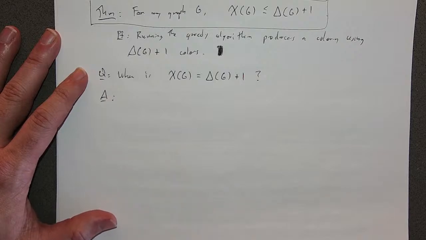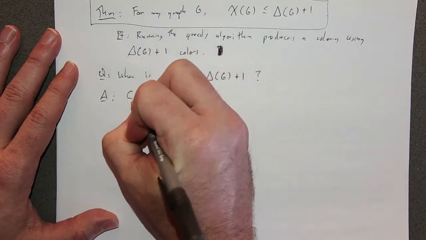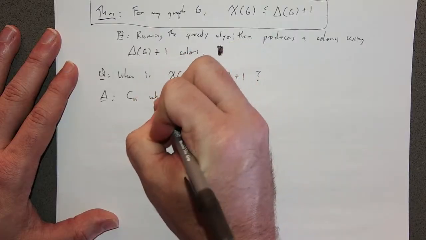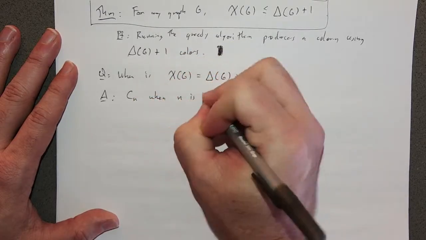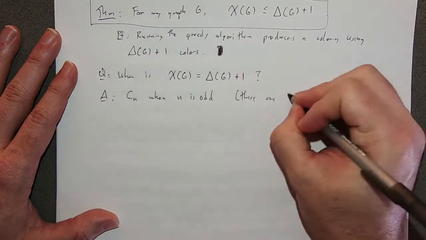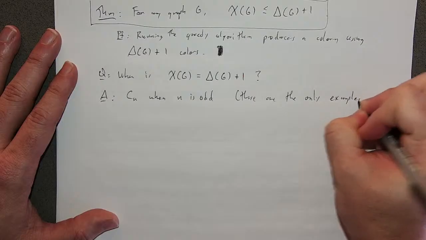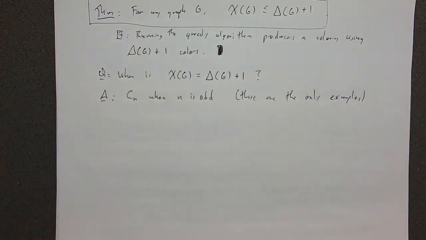The answer is no. So this is exactly true when we are dealing with a cycle on an odd number of vertices.